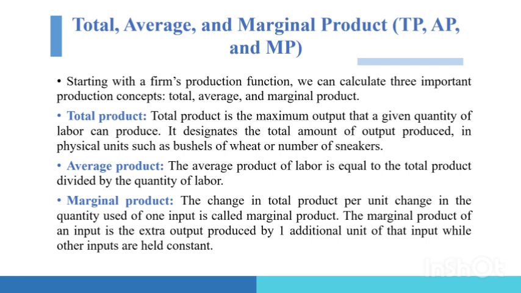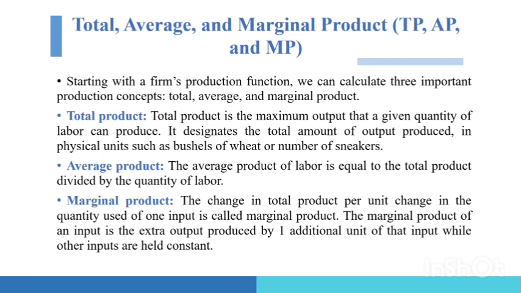Average product refers to the output per unit of a variable input. Like if the total product is 30 kg of wheat produced by 5 laborers, then the average product will be 30 divided by 5, 6 kg. AP is calculated by dividing TP by units of the variable factor.